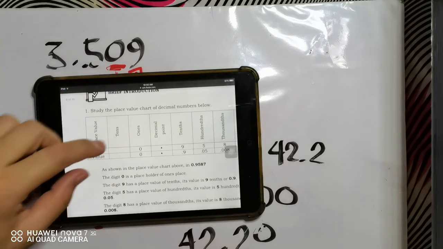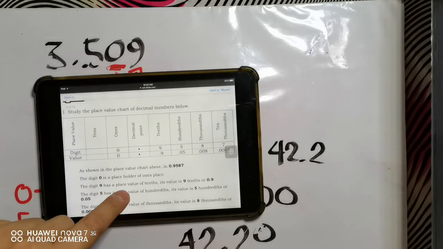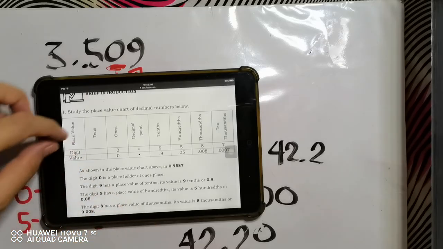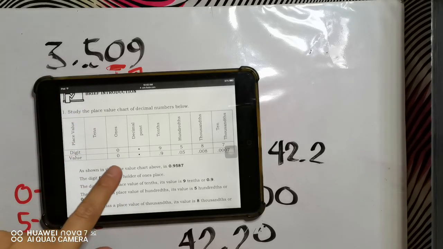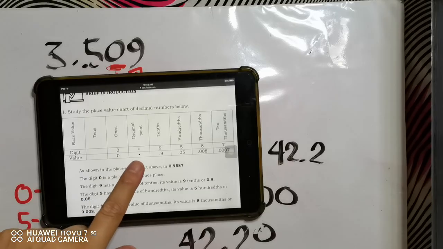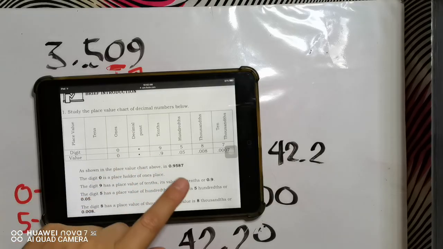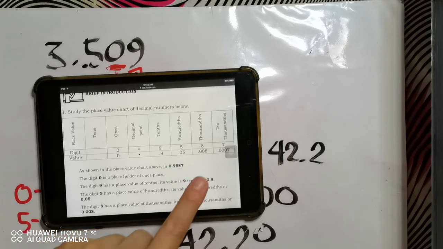This is the chart, right? So, we are given the chart here. So, tens, ones, and then the decimal point, which is read as and. Here, the first number is tens, and then hundreds, and then thousands.